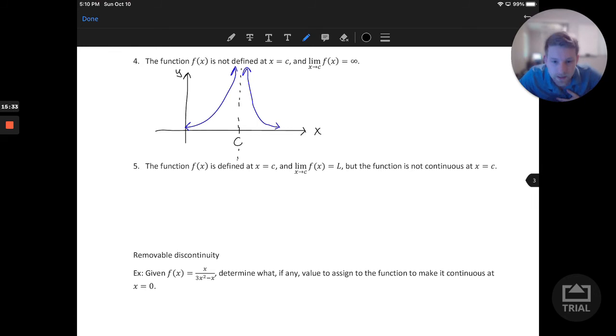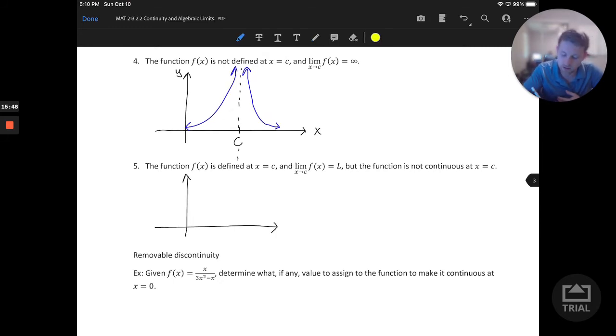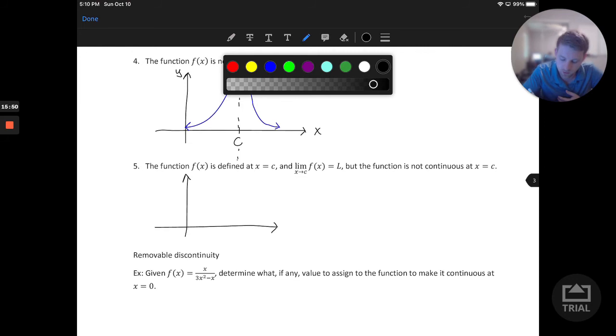So we're not continuous, so we're violating one of our rules, but we do have a defined value at x equals c, and we do have a limit. So this would be graphed in such a way that we don't violate the first two principles, but we do violate the last, that our functional value and our limit are not the same.